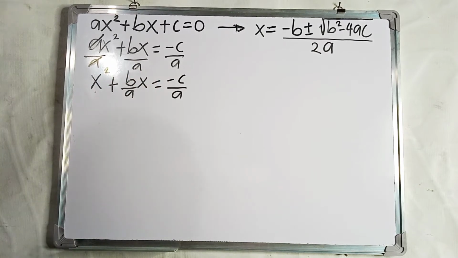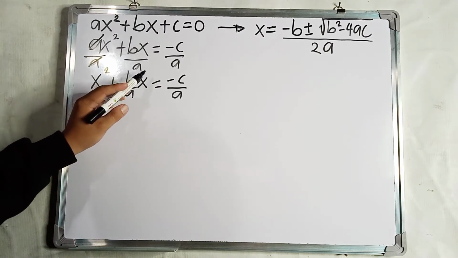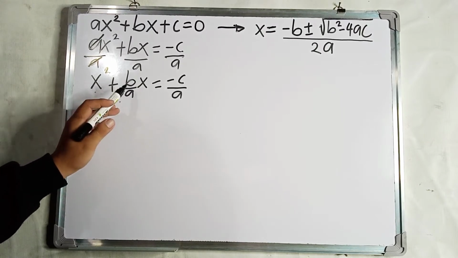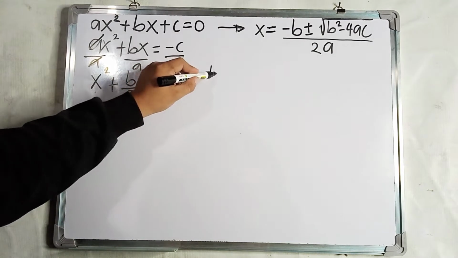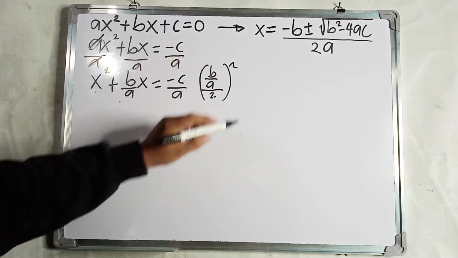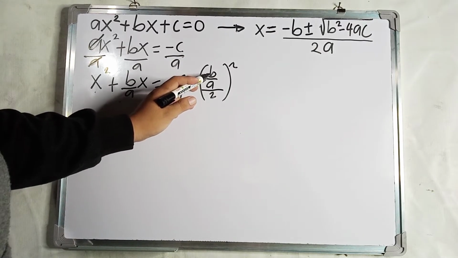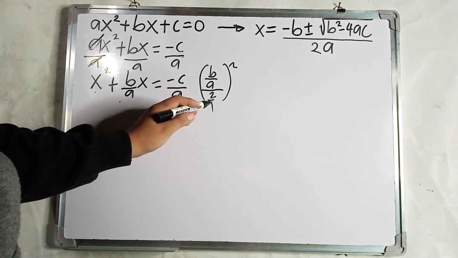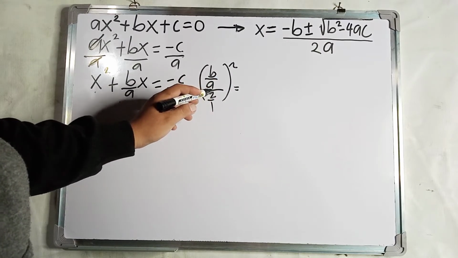Then next, we're going to divide this b over a by 2, then we're going to square it. So this will become b over a divided by 2, squared. Since this becomes a complex fraction, a fraction divided by 2, which is 2 over 1, we transform this into multiplication.